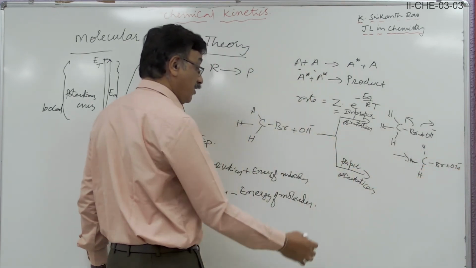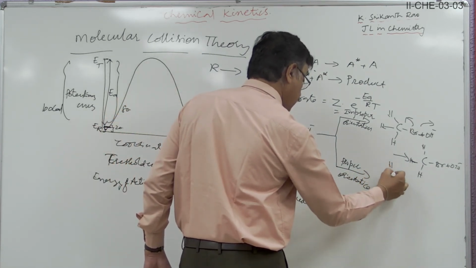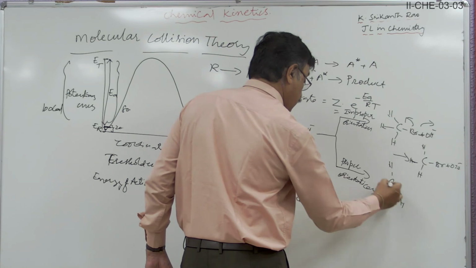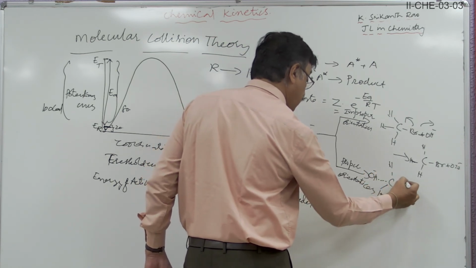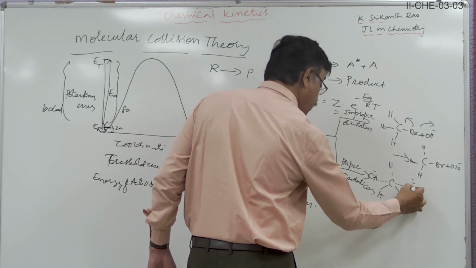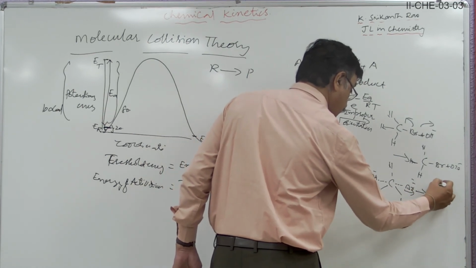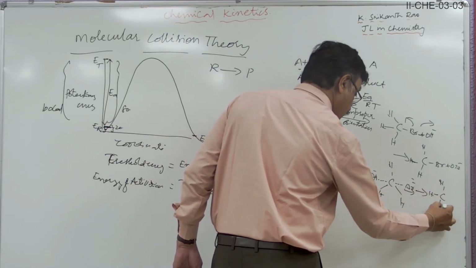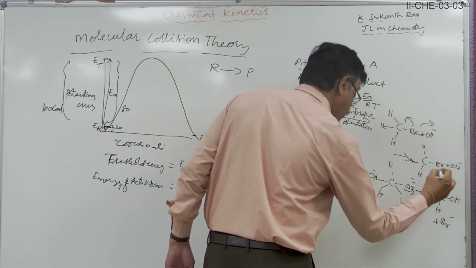When they have the proper orientation, the OH attaches itself to the carbon from the back side. Slowly, the departure of the bromide takes place, and you get a new product, CH3OH plus Br minus.